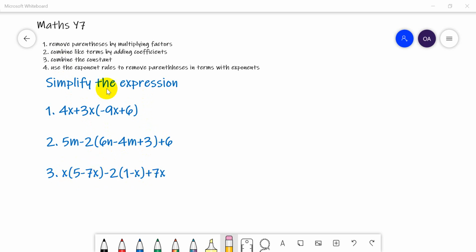After that you can combine the like terms by adding coefficients and combine the constants. I'm not sure that you will use exponent rules over here. You just need to take a look at this x times negative 7x. If you have x times x, of course that will be x to the power of 2.